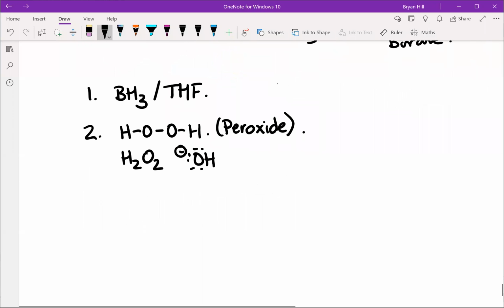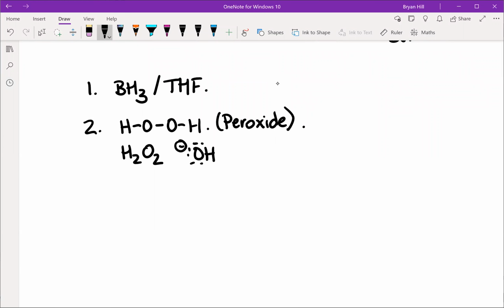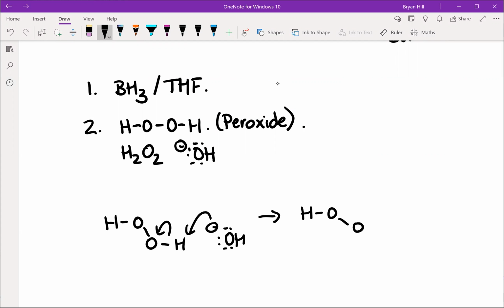And so this is interesting. The way that this works is that your peroxide is going to get deprotonated to make the peroxy anion, this water.